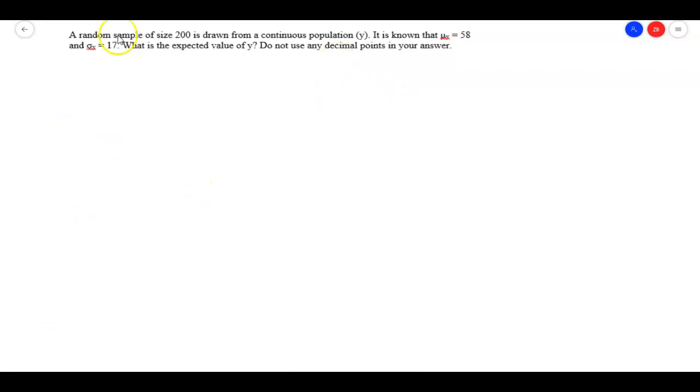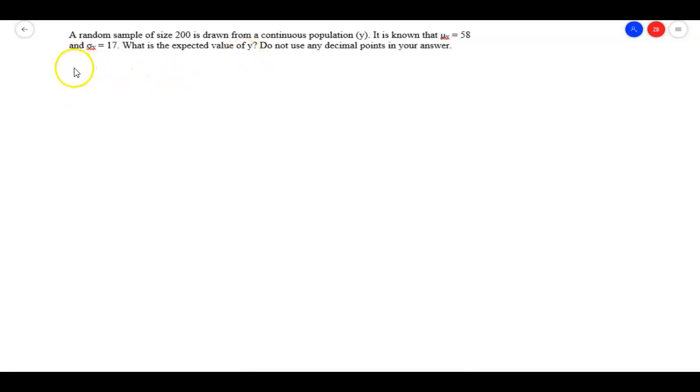So I'm going to answer a few of these questions and then I'll go through a few more. The first one says, what is the expected value of Y? The expected value in any distribution like this is going to be the same as the mean.